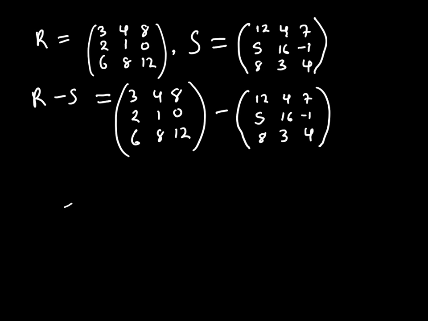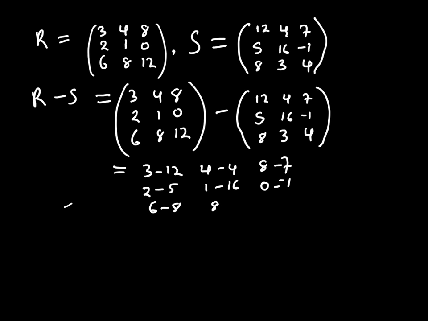What do we have? 3 minus 12, 4 minus 4, 8 minus 7, 2 minus 5, 1 minus 16, 0 minus negative 1, 6 minus 8, 8 minus 3, and then 12 minus 4.